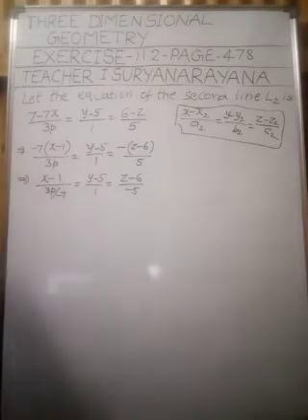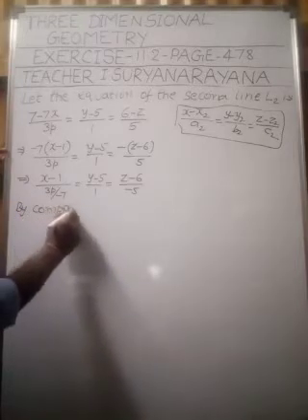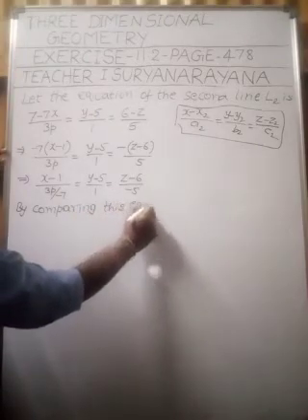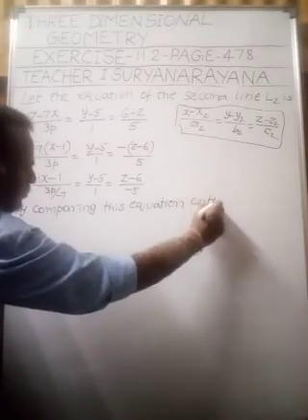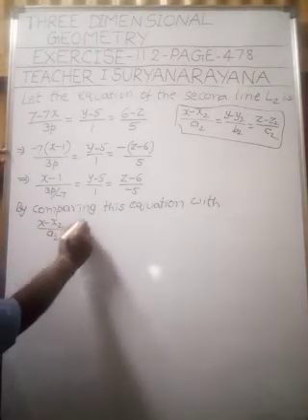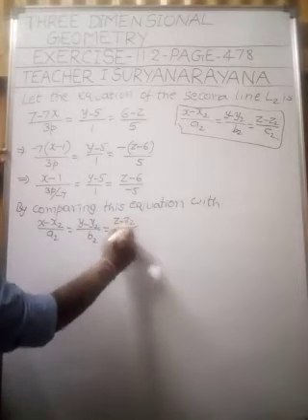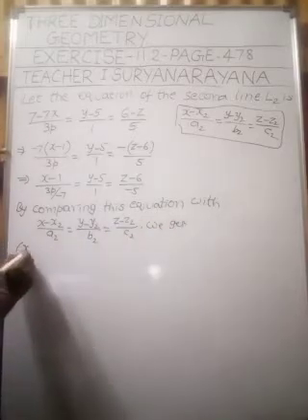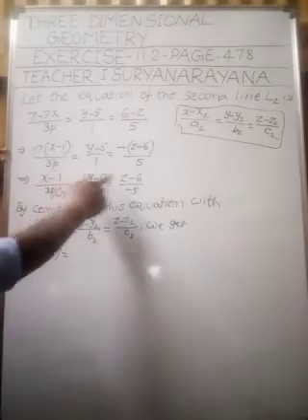Now by comparing this equation with (x minus x2) by a2 is equal to (y minus y2) by b2 is equal to (z minus z2) by c2, we get the ordered triplet x2, y2, z2 is equal to 1, 5, 6.